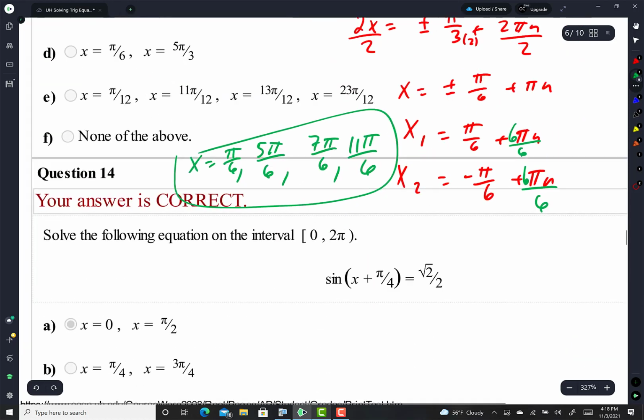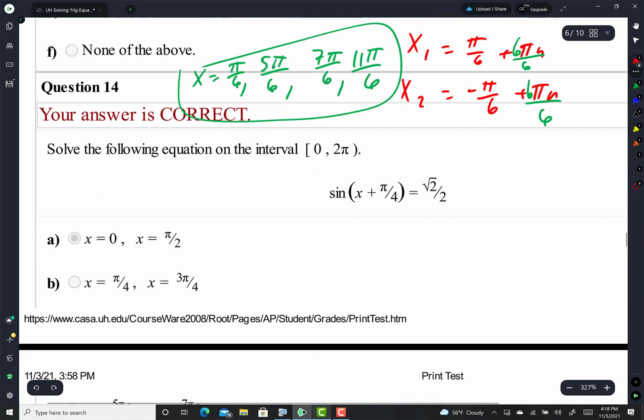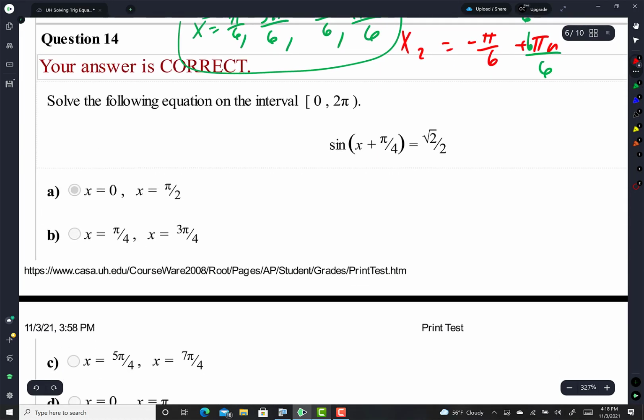All right. Let's do this one. So I'm going to go x plus, I'm just doing the arc sine right off the bat. Arc sine of square root of 2 over 2 plus 2 pi n.